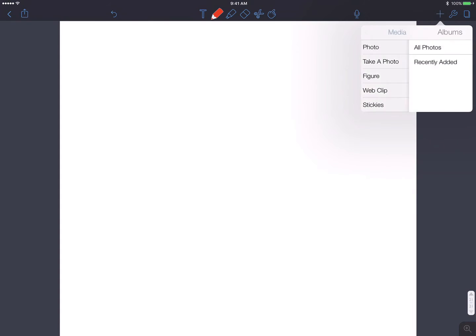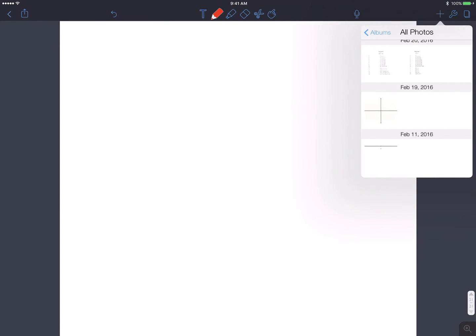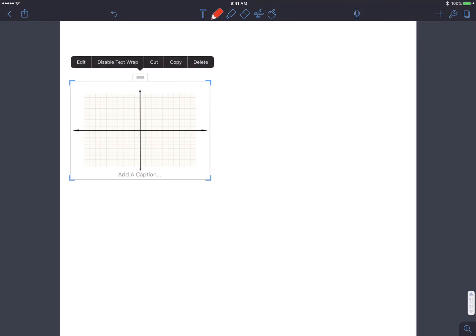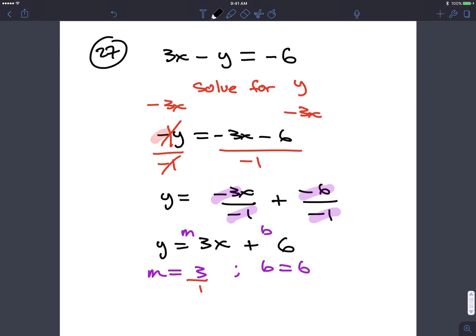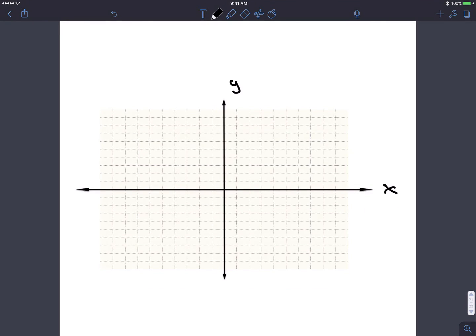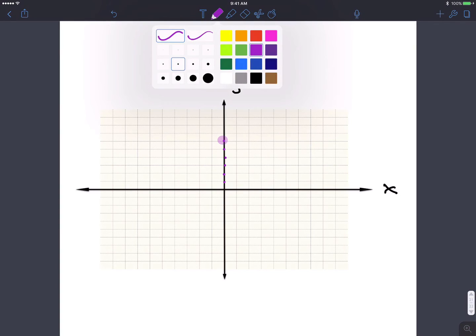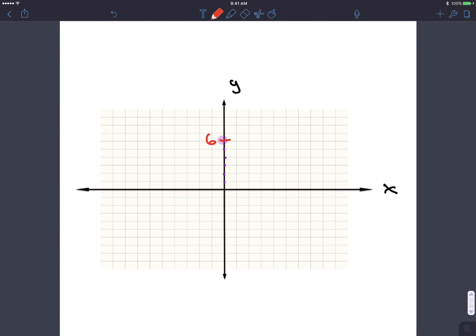Let's get a graph paper. X-axis, y-axis. The y-intercept is at positive 6. 1, 2, 3, 4, 5, and 6. This is the location. Here's my 6.